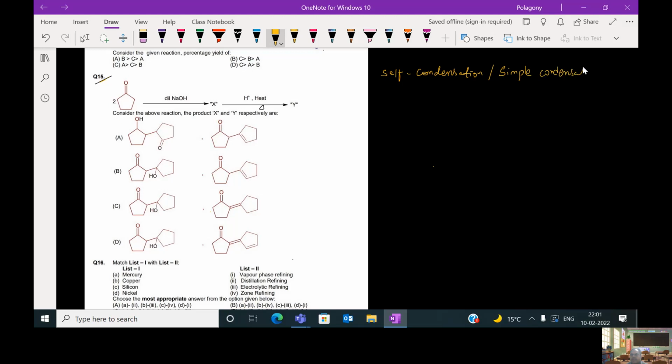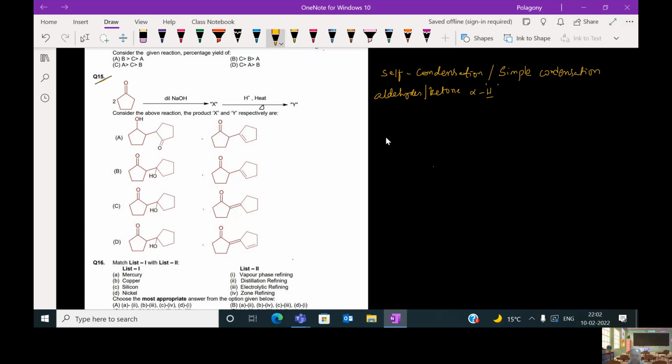Generally, condensation reactions are possible in carbonyl compounds, aldehydes and ketones having alpha hydrogen. So self-condensation and simple condensation, all condensation reactions are possible.